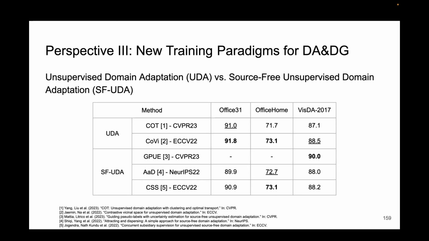Then, when moving to the later stage of model fine-tuning, we might not have the right to access the source domain data, and we can conduct source-free UDA and combine it with those large language models for the second stage. There could be many other new training paradigms for domain adaptation and domain generalization. This is one very interesting finding we bring up, trying to inspire the community that this could be a very interesting direction for us to further explore and achieve even better results.